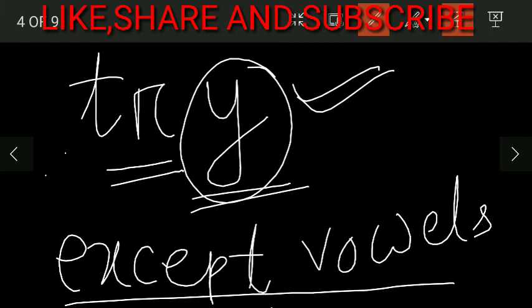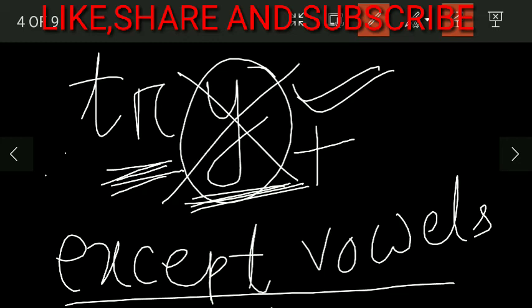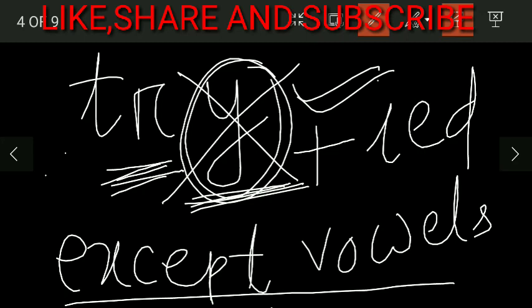So likewise, if you find the letter before Y is a consonant, at that time you have to apply the second rule. That means you have to replace the letter Y with I, E, D. You can see here in the verb try, Y is the last letter, and before Y R is there, and R is a consonant.